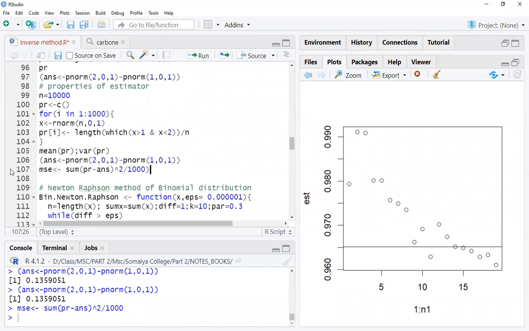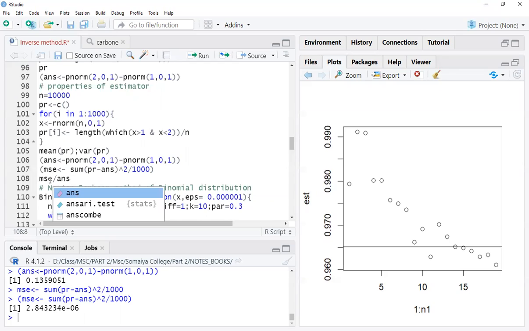Close it so that we'll get the answers here. So this is your mean square error, and one can get a relative error also. It is MSE divided by your actual value, the mu value. So this will give you the relative error.